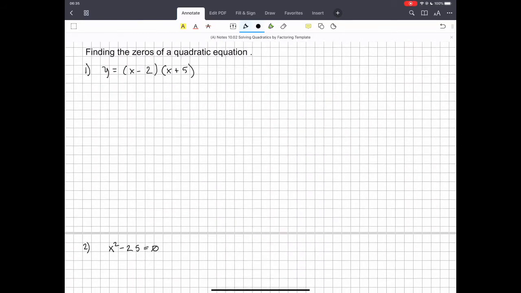So here's our first problem, finding the zeros of a quadratic equation. We have the equation y equals the quantity of x minus 2 multiplied by the quantity of x plus 5. And as I said, we're going to solve this in much the same way that we did with the linear equation. We replace the y value with 0.